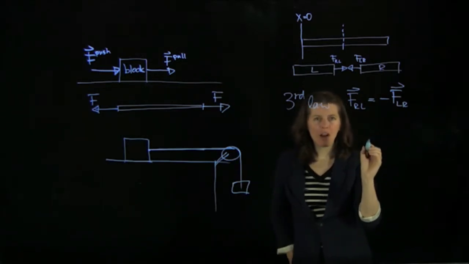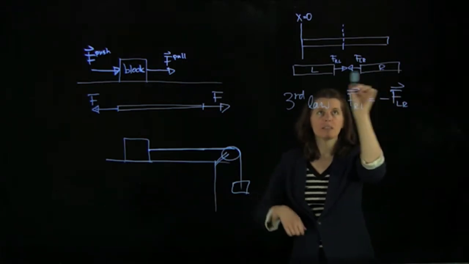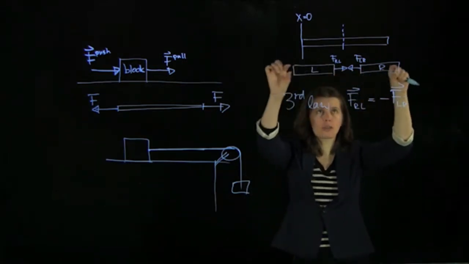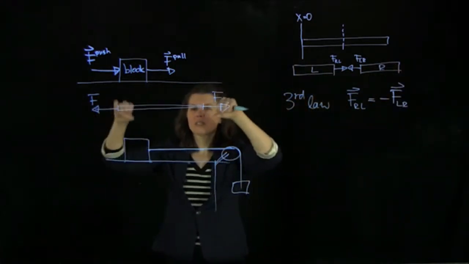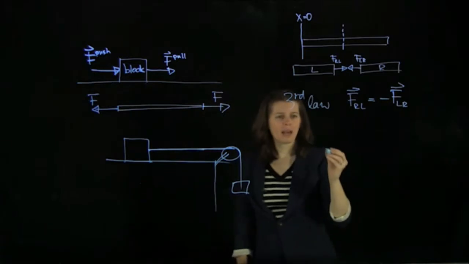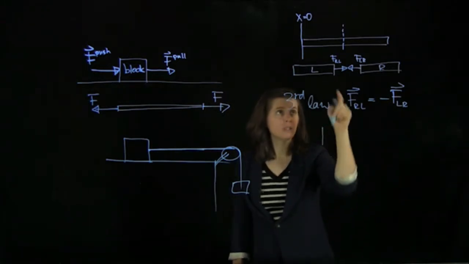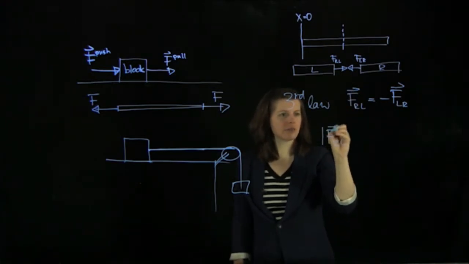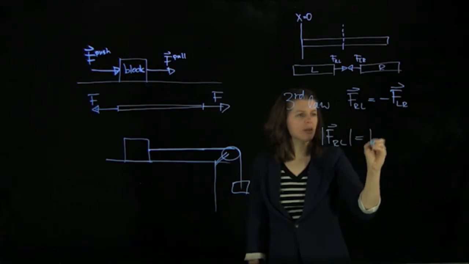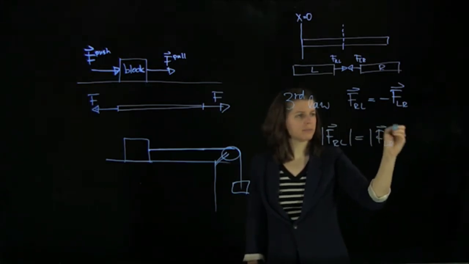But what we want to define now is tension, the tension force that is happening along this rope here in our tug of war if someone pulls from the outside. And for that, we're first going to look at the magnitude of our interaction pair here, F_RL. And that, of course, equals the magnitude of F_LR.